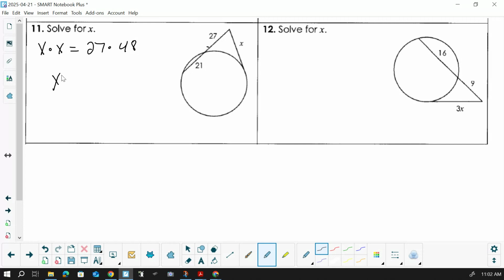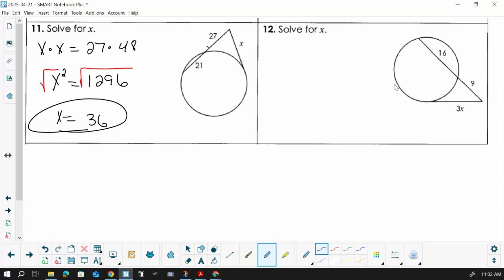X times x is x squared. 27 times 48 is 1,296. To solve this, we do the square root. Okay. We get x squared equals 1,296. The square root of that is 36. And there's that.